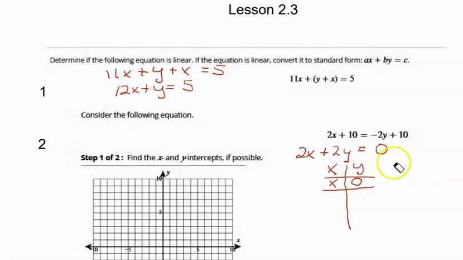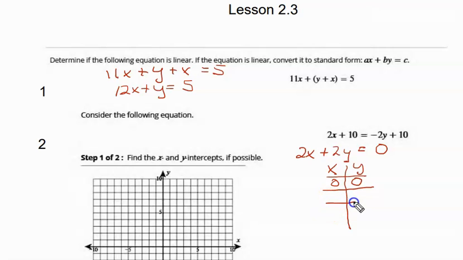And I meant to put a 0 there. So that when y is 0, x is 0. So we're going to graph this here shortly. But I wanted to show you the technique of finding the x and y intercepts as a review item.